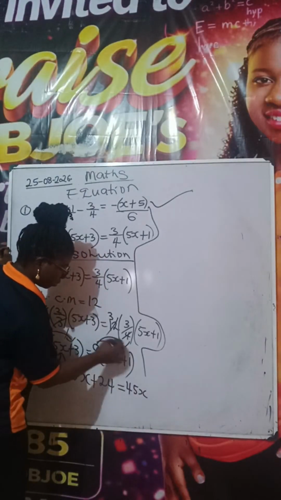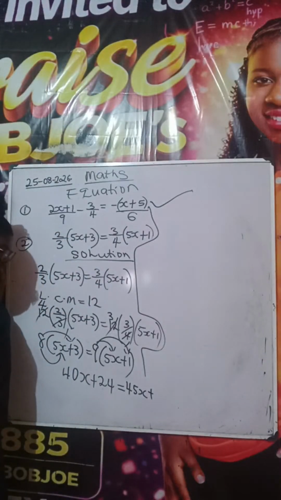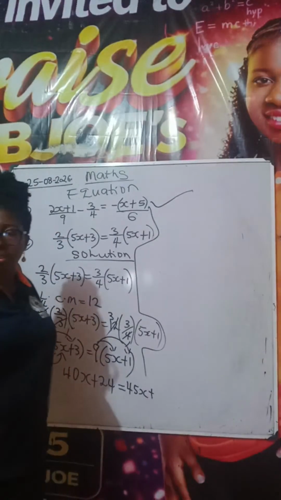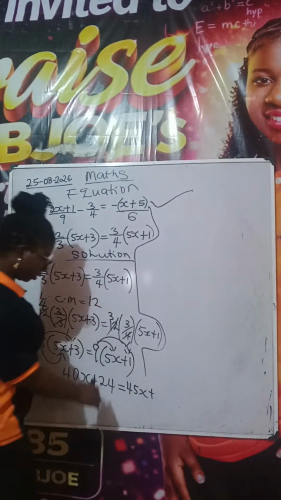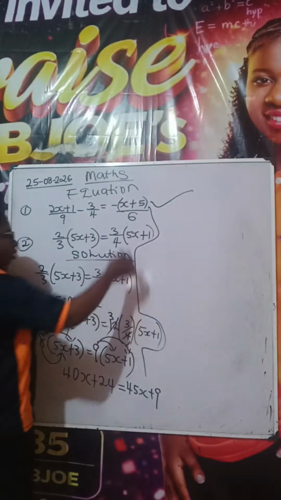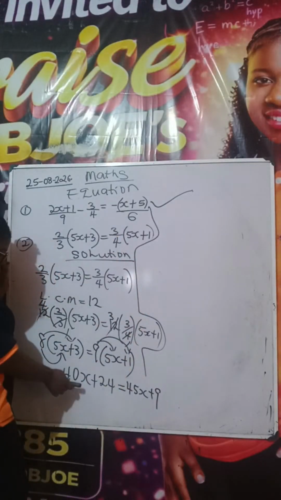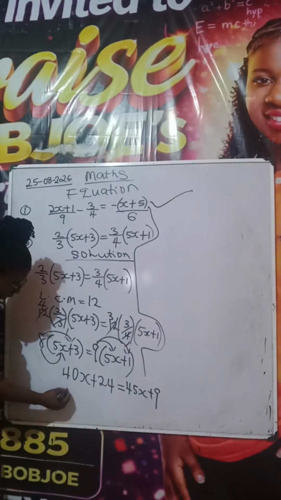Then 9 times 1 will give us 9. Correct. Okay, so now next is to collect our like term. X is here, 24, 9. So we collect like term.